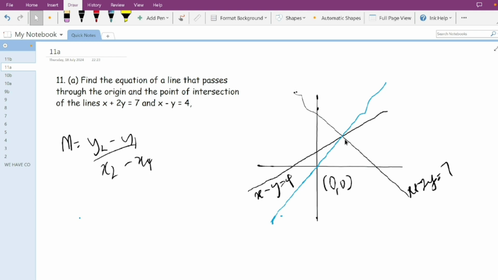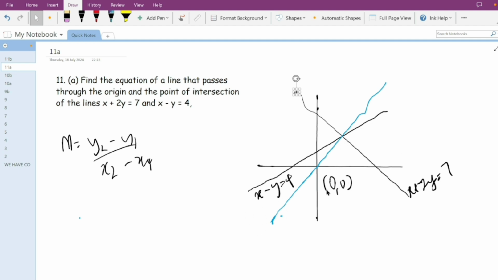But another point on that line can be deduced from finding the value of x and y of these two equations simultaneously, the point of intersection. We know to get our gradient we need 2 points, 2 coordinates each. We can't get it easily because, apart from sharing the point at which these two lines meet, there's nothing linking this line to either of these two lines as regards being parallel or perpendicular.